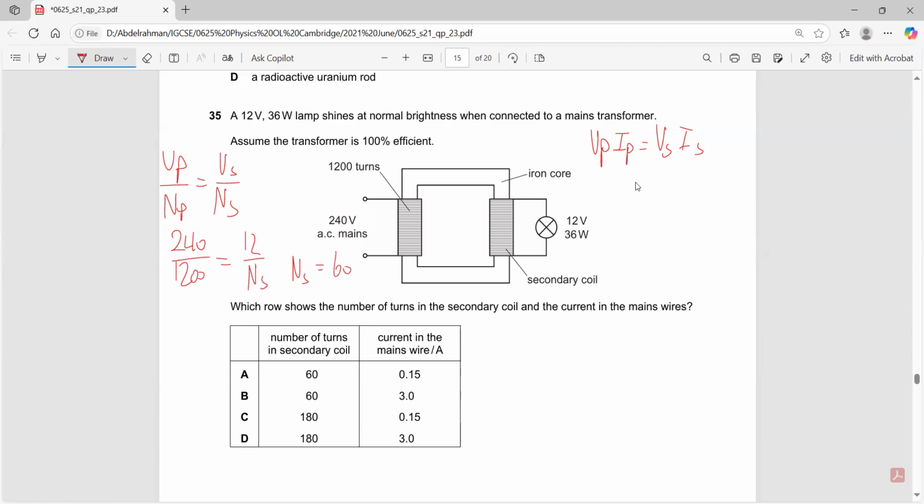Now, can I find IP? Yes, 240 times IP equals 12 times the current, which is 36 divided by 12, which is 3. So IP equals 12 times 3 divided by 240, which is 0.15.